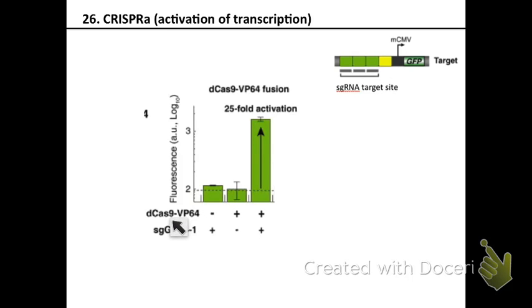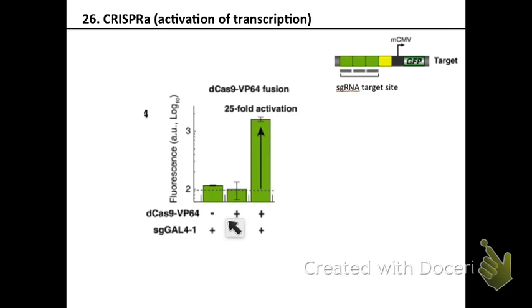When you put the dCas9 with the activator domain, here it's shown when it's minus, it's not transfected. When it's plus, it's transfected. So when you put the reporter on its own in the cells, this is how much background fluorescence you get. That's however much this weak promoter can support expression. If you put the sgRNA by itself with the reporter, you don't get much.